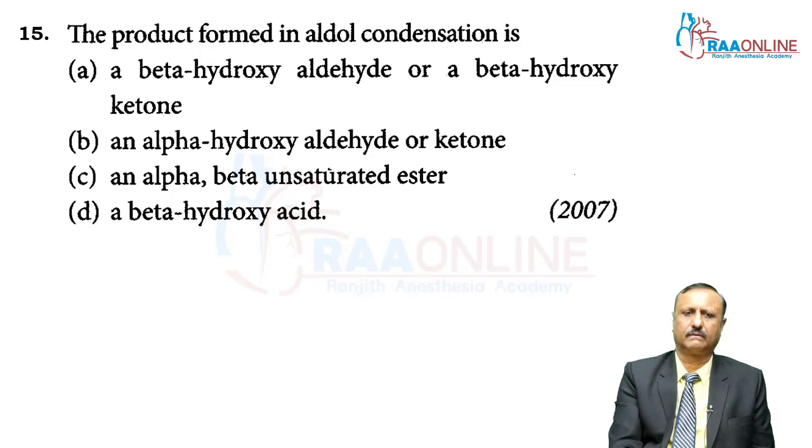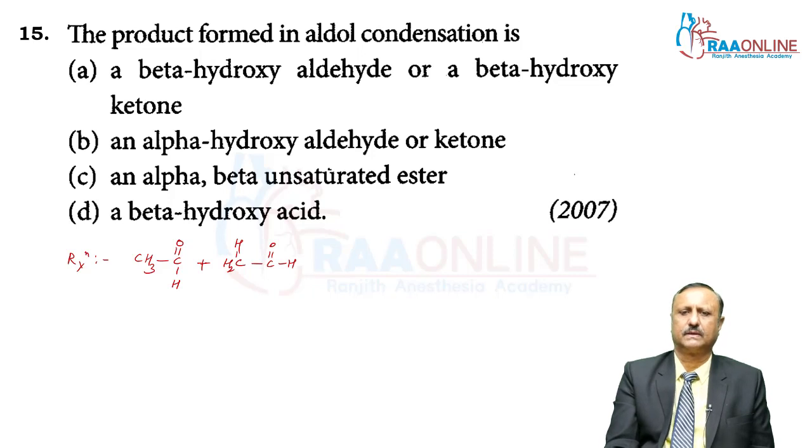In this reaction, my dear students, this is acetaldehyde, CH3CHO, and another acetaldehyde, CH2HCHO. First of all, both molecules of aldehyde in the presence of a base react with each other.